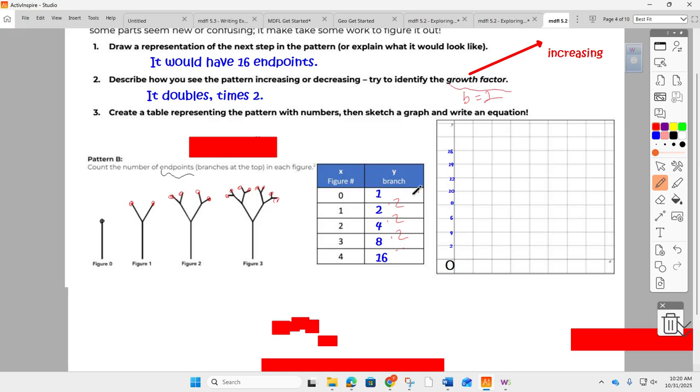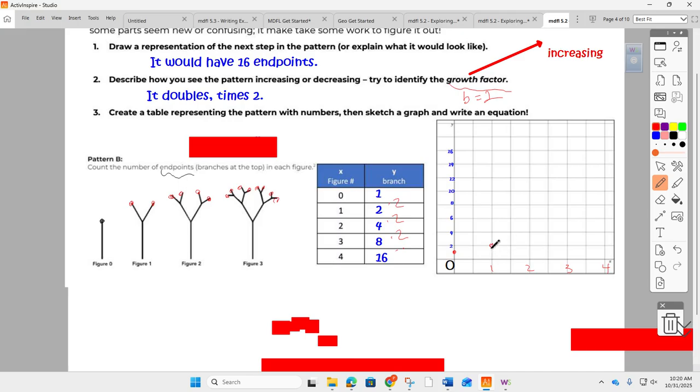Let's plot them. We'll use increments of 2 again on our x-axis, increments of 2 per box on our y-axis. So 0, 1, over 0, up 1, over 1, up 2. Are you guys graphing?